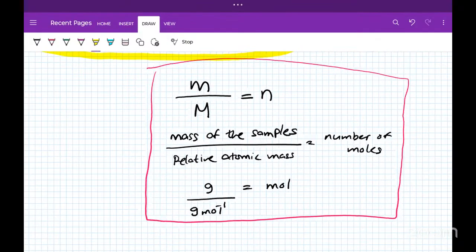Therefore, considering the mass and mole relationship.